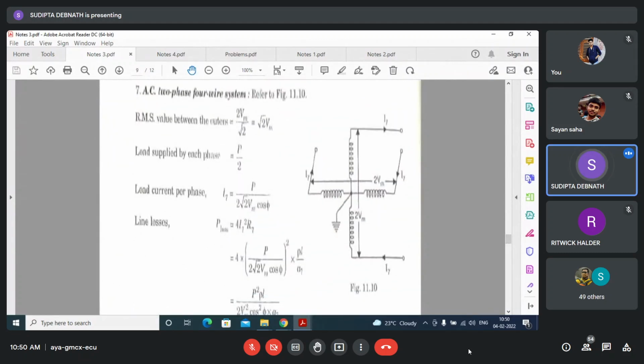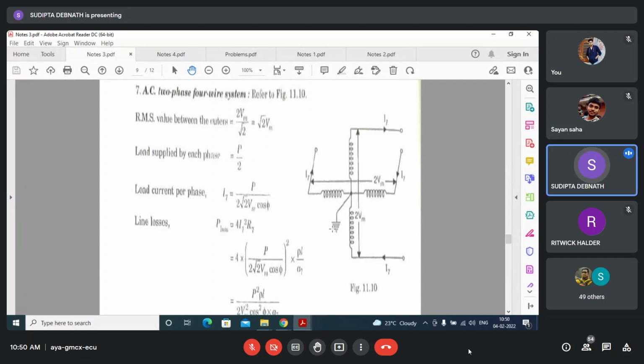For one phase, this is one wire, this is the other wire. If the current I7 is entering here, it will be leaving through here. These are the two conductors for the other phase. Current I7 is entering here, leaving through here. And this midpoint is earthed. The joining point is earthed, that means the midpoint of this is earthed.